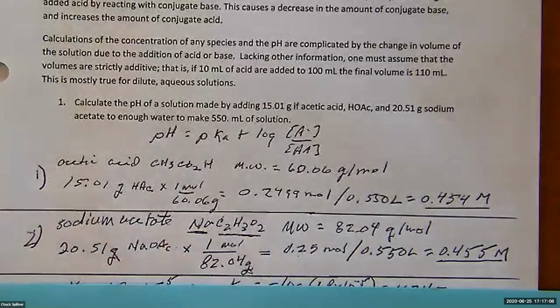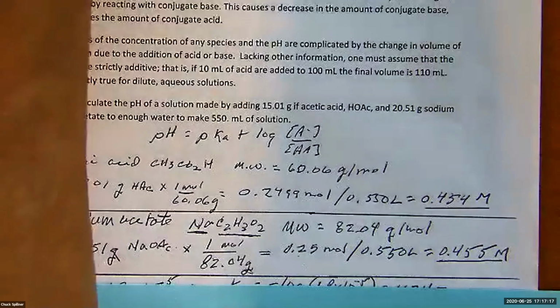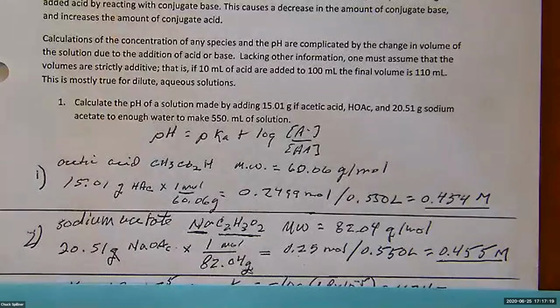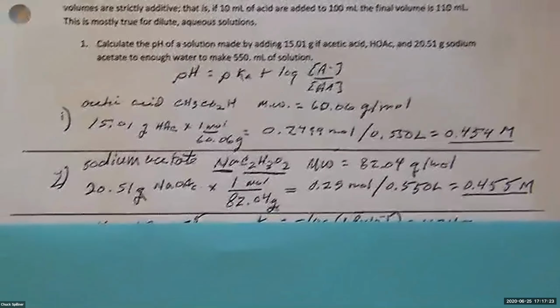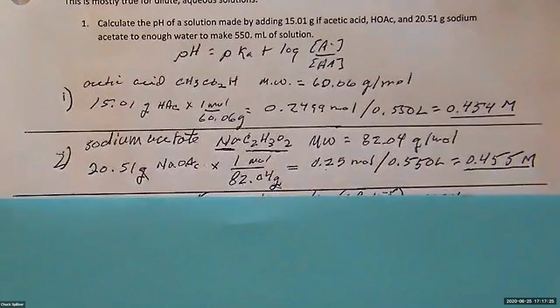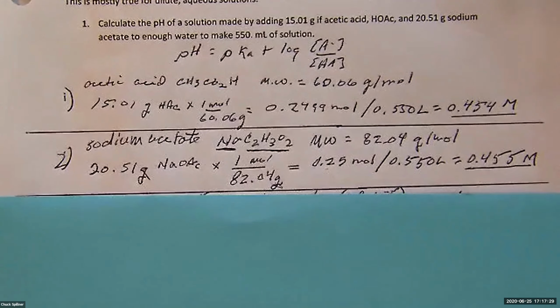But the sodium ion doesn't matter. It's there, but it's not influencing the chemistry. So if you remember when you wrote net ionic equations in your previous chemistry class, we call sodium ion a spectator ion.